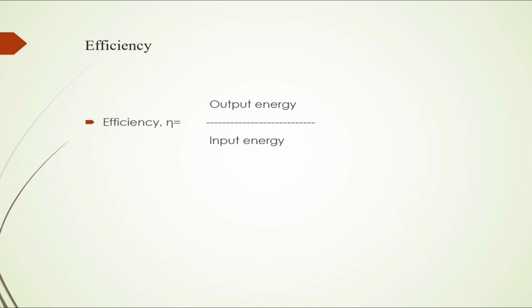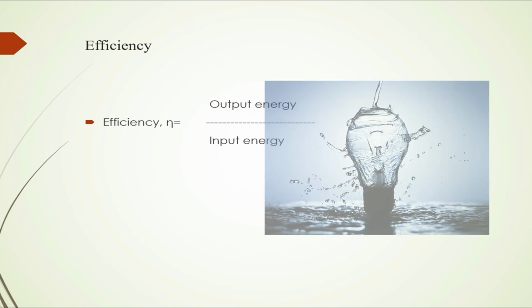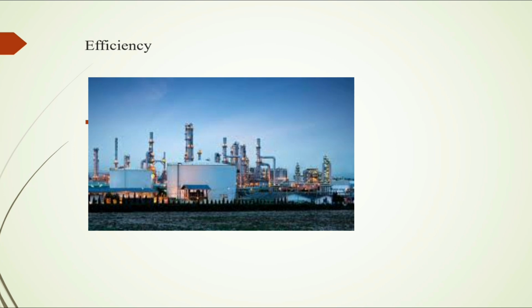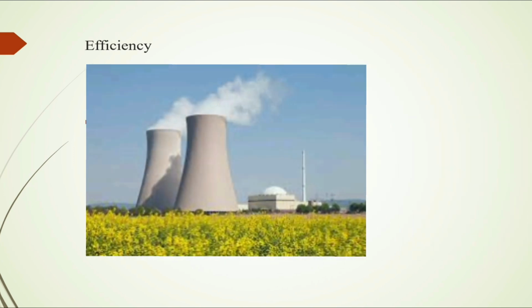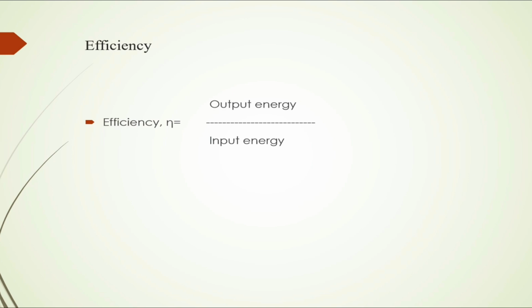Efficiency. If you remember from our previous videos, we have said that energy exists in different forms in nature. It could be the pressure head of water, chemical energy of fuels, or nuclear energy of radioactive substances. We have also said that all these forms of energy are interchangeable among themselves.